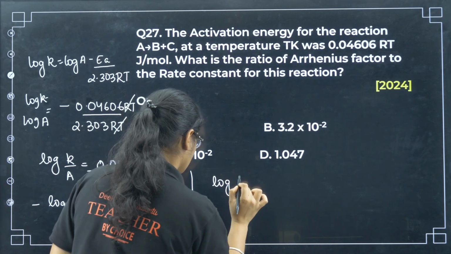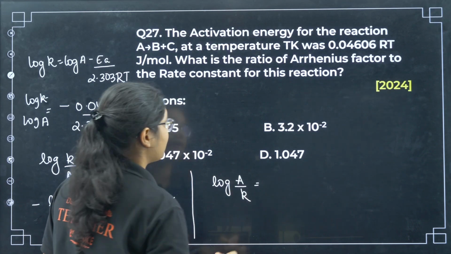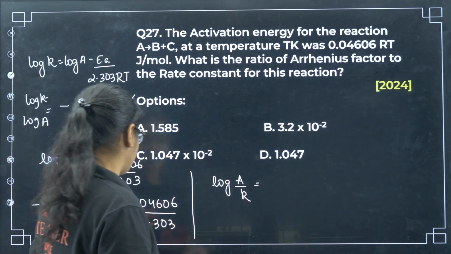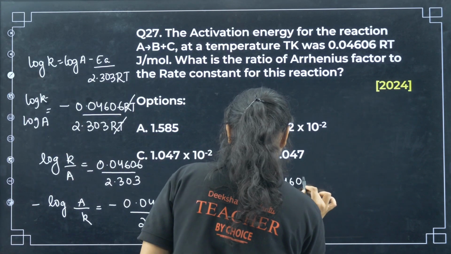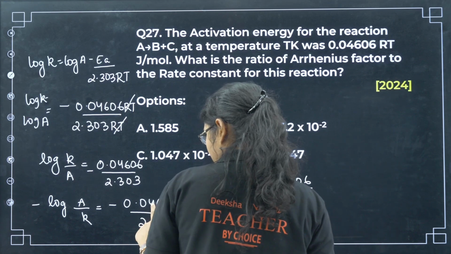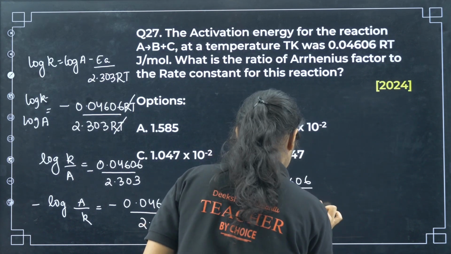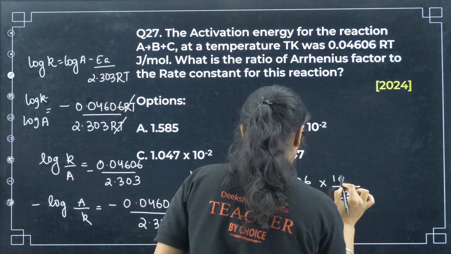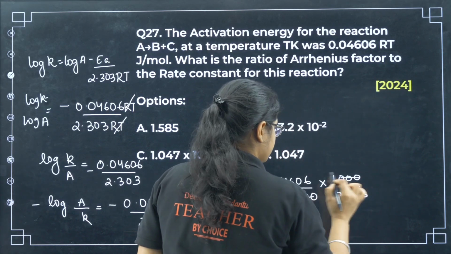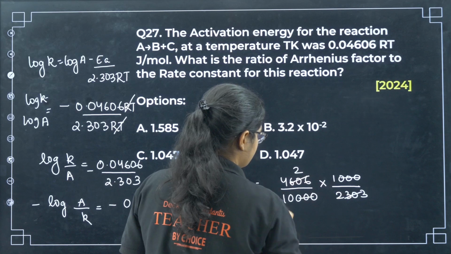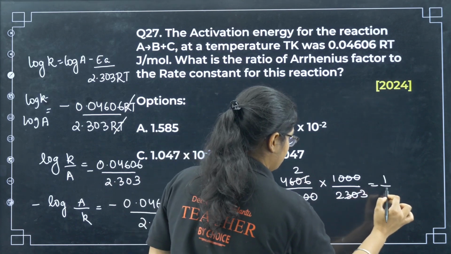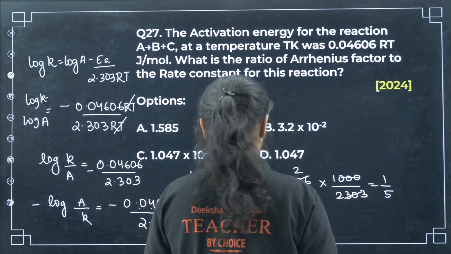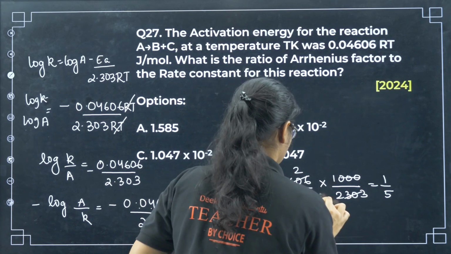Now, because I want to find the ratio of Arrhenius factor to the rate constant, log of A by K, you can write this in the form of 4606 divided by 10 to the power 4, into 2303 divided by 1000.